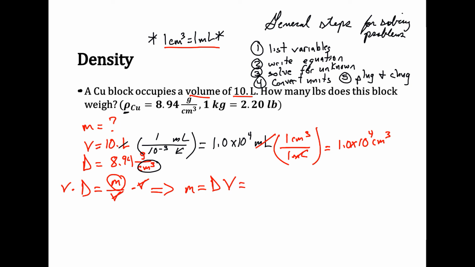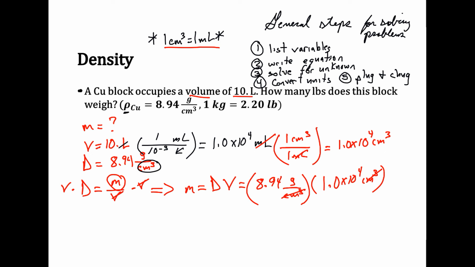Plugging in for the density, we have 8.94 grams per cubic centimeter. And then we have our volume, which is 1.0 times 10 to the fourth cubic centimeters. The cubic centimeters cancel out.